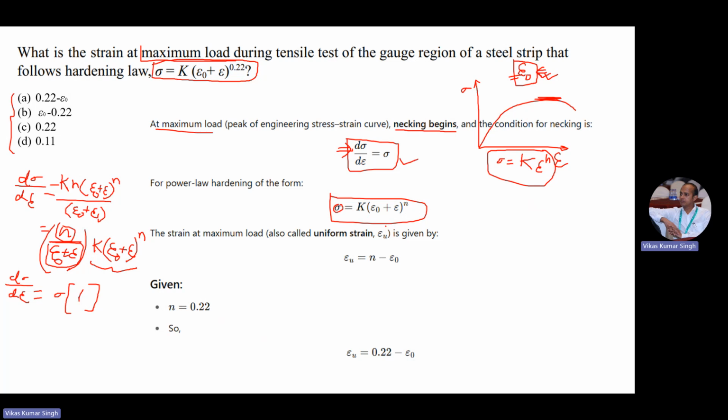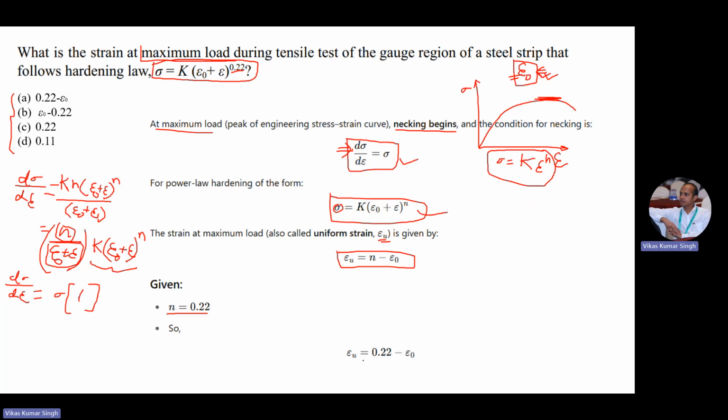Okay. So now, the power law is already given, and we are using this. The strain at the maximum load, also called the uniform strain, is given by this formula you already know. Now, n is given as 0.22.